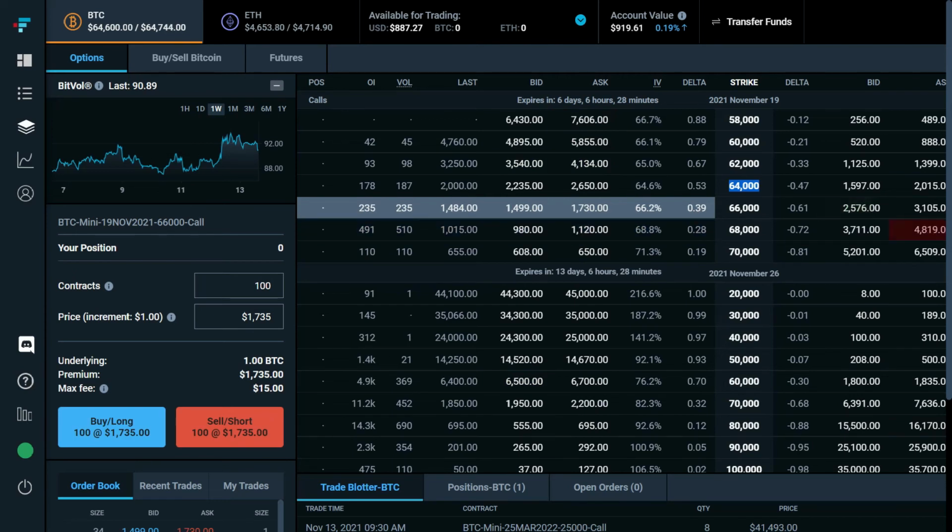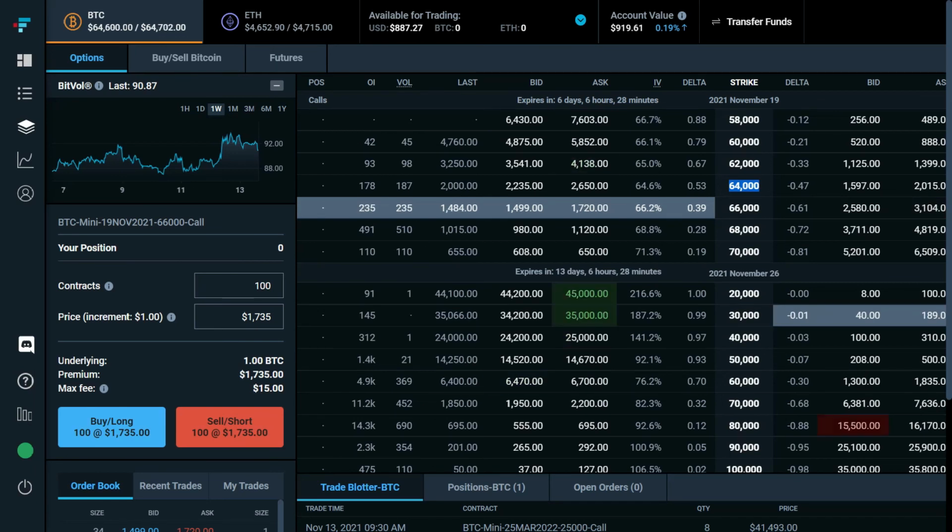coins. So if it's a call option, you're buying a contract that allows you to buy coins at a certain price. And if it's a put option, it allows you to sell the coins at a certain price, which means that the other person is going to get assigned.